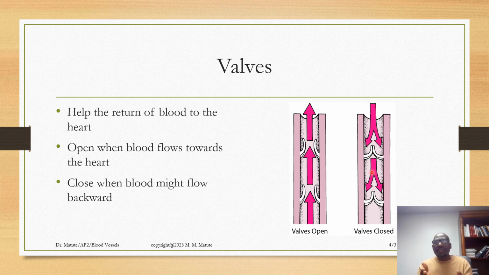Luckily the vessels have valves, so when the skeletal muscle contracts and squeezes, the valves will open and blood will move upwards. When the skeletal muscle relaxes, the valve closes, preventing the blood from moving backwards.